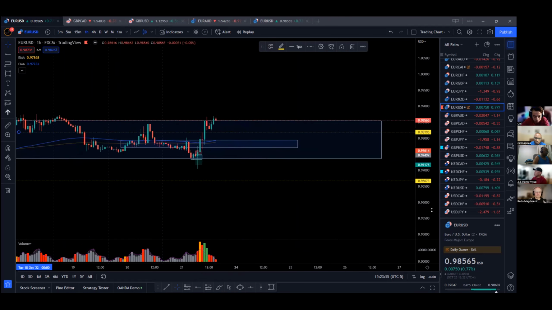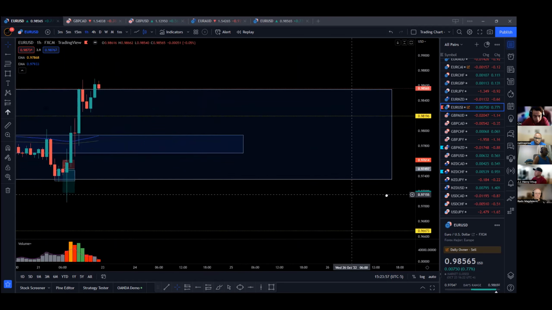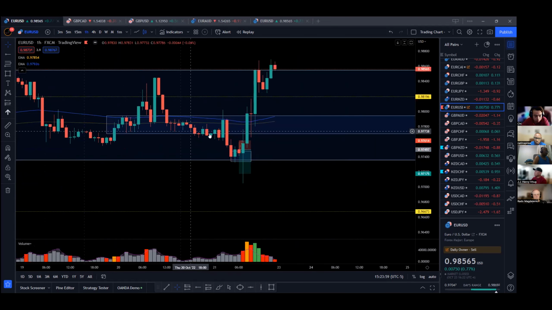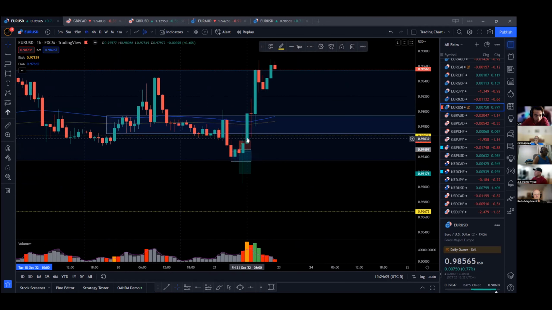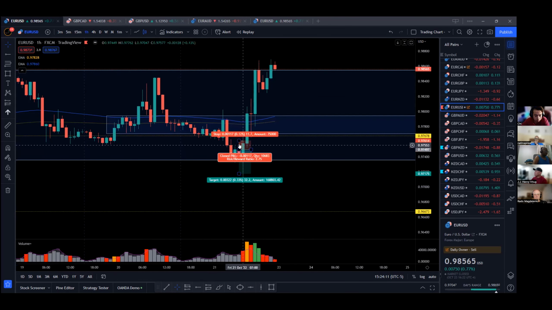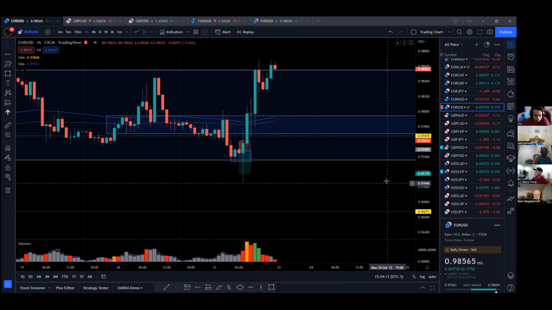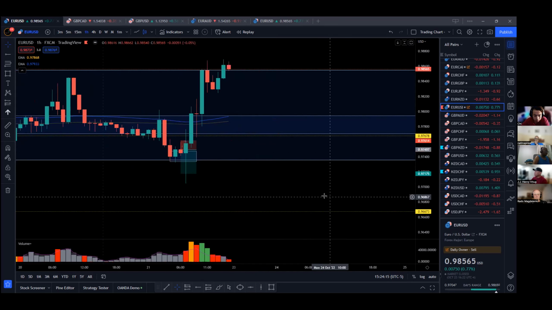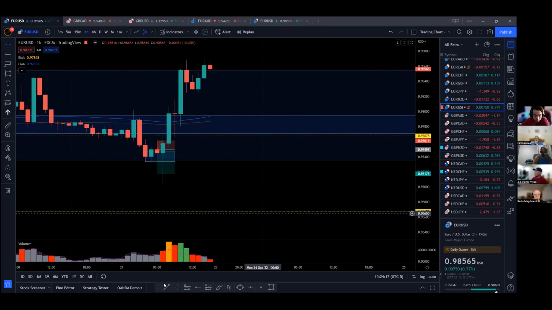Okay, this breaks out from the trap. So at that time, I think Friday morning, I was waiting for this to come back for a pullback, and then this to create a trap.